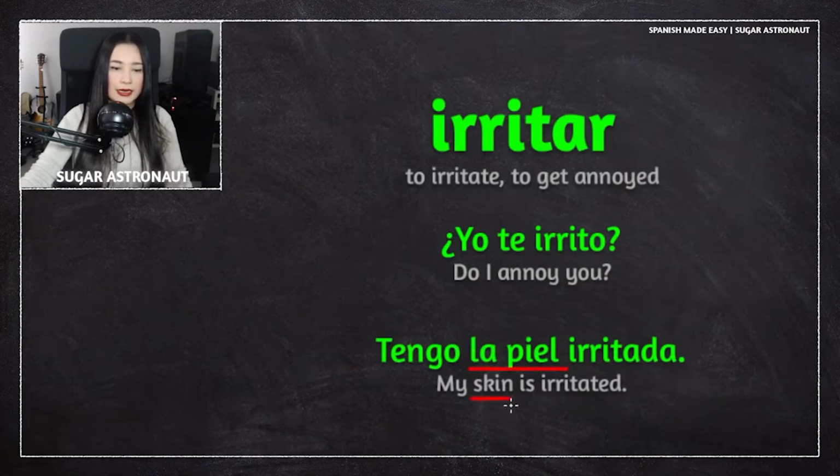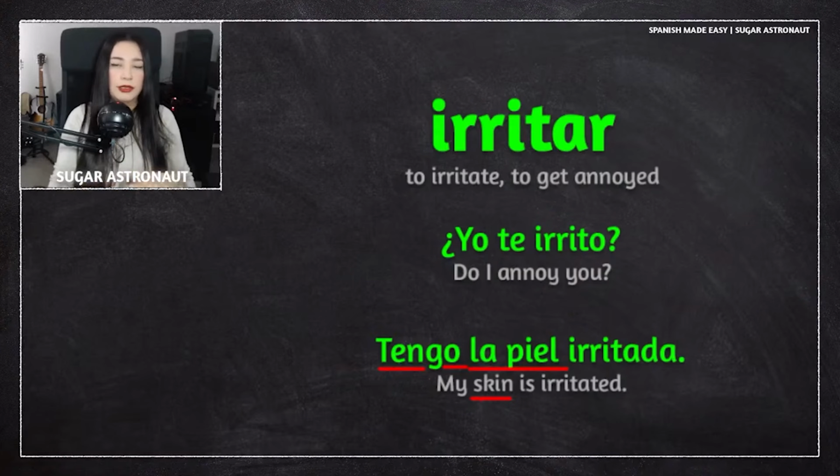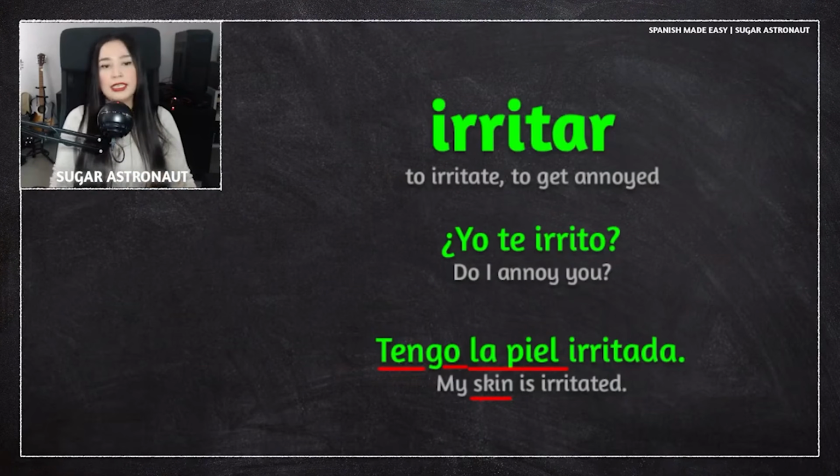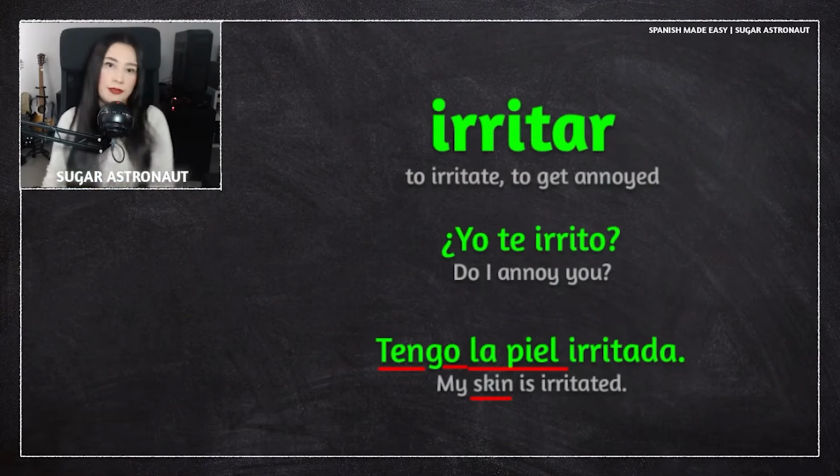La piel means skin. And usually in Spanish, you use tener a lot when talking about, in this situation, skin. So it's the same as saying tengo frío. Tengo frío, I'm cold. You're not saying yo soy frío. You're saying tengo frío, okay? So that's something very different.